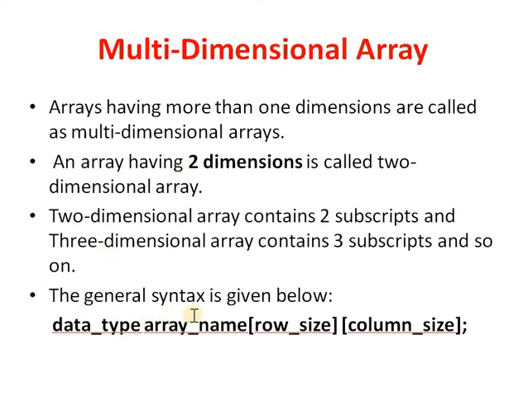The general syntax for defining a multi-dimensional array is: first we specify the data type, same as the one-dimensional array. Then we specify the array name. Then after the array name, we specify the row size and column size.